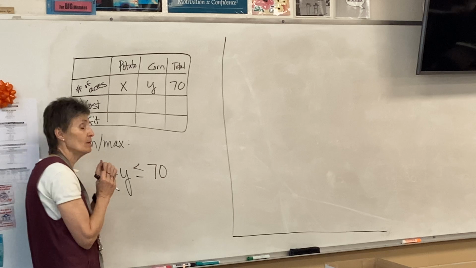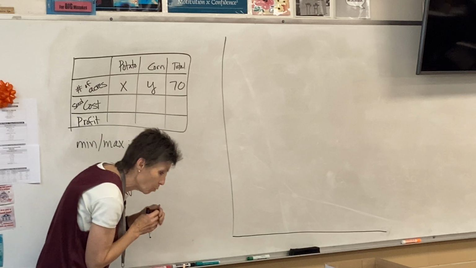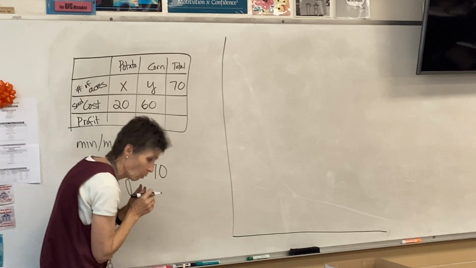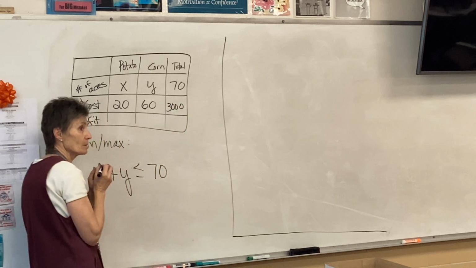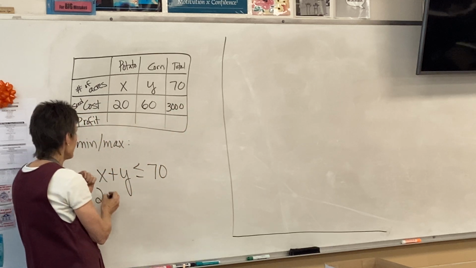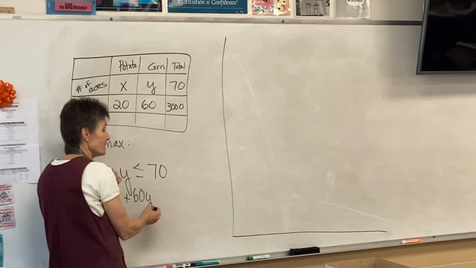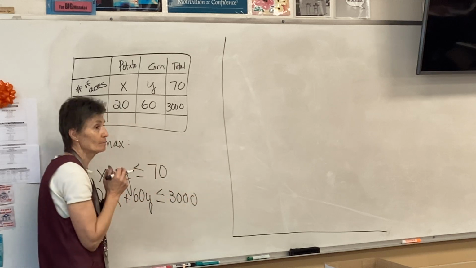Okay, now, seed costs. I know it's 3,000 total: 20 for potatoes, 60 for corn. So 20X plus 60Y less than or equal to 3,000.